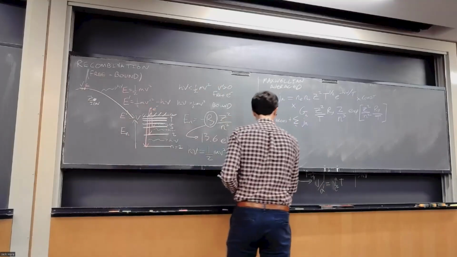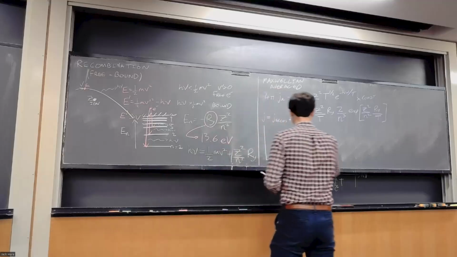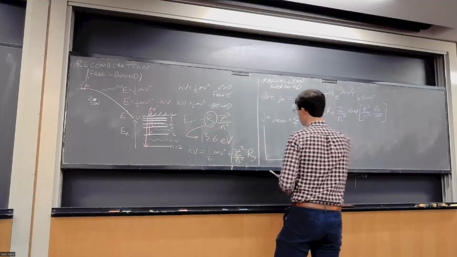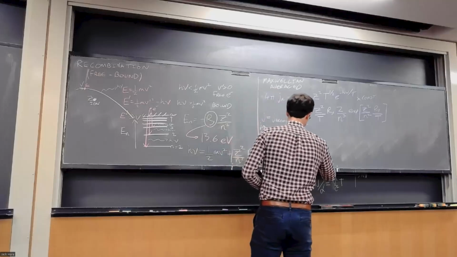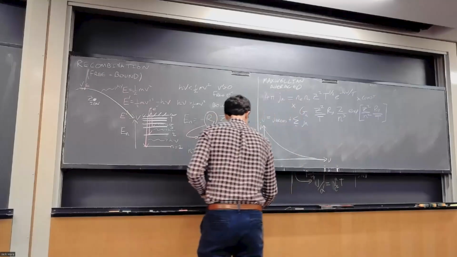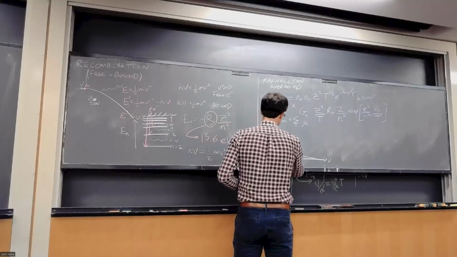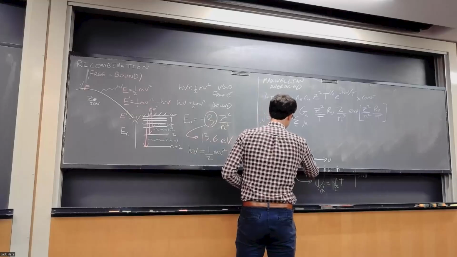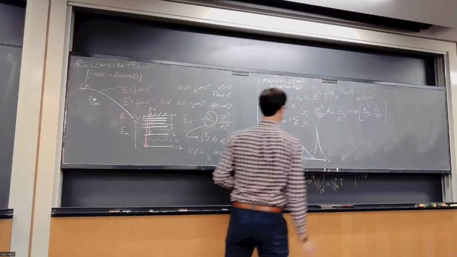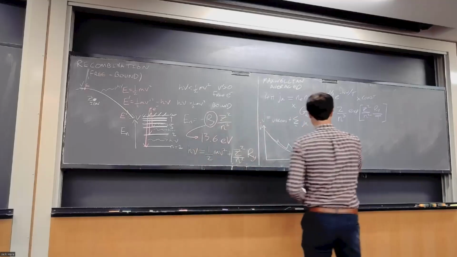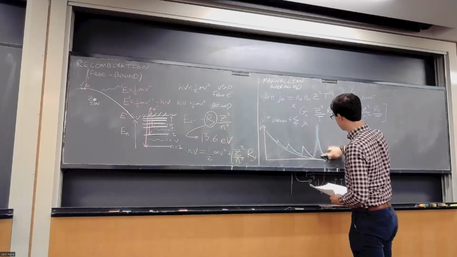And the spectrum, therefore, looks like this. We had something like this for bremsstrahlung before, and now we have a spectrum that contains a series of edges like this. And this lowest edge here, I should draw this as a straight line.